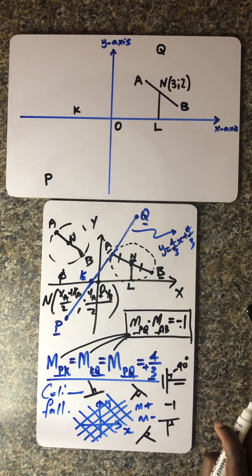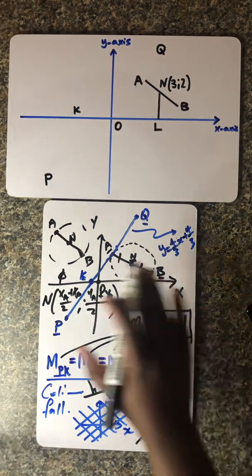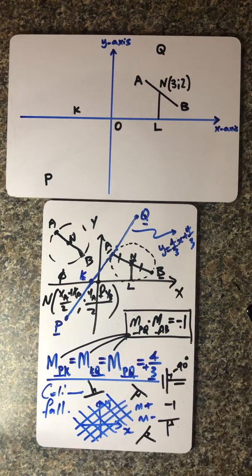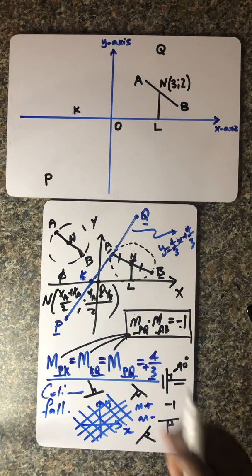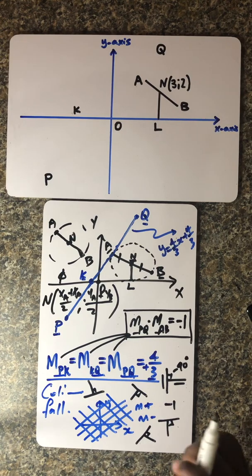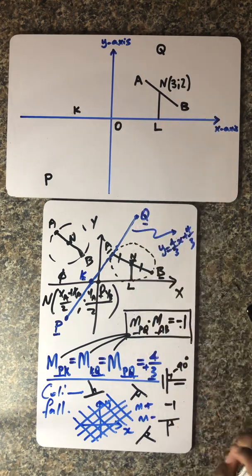Please make sure that you stay with me until the end of this lesson, because if you go away for a few seconds and you come back, you'll find that I've written additional information, and you'll be lost. Remember, I'm not answering any question. I'm just giving you information which we'll explore more as we answer the questions. What I'm doing now is giving you the background of the information given.